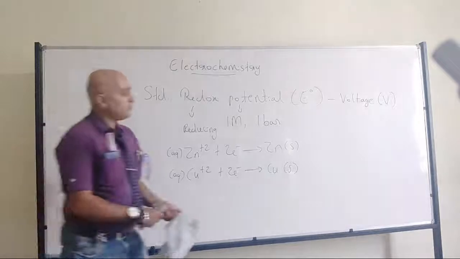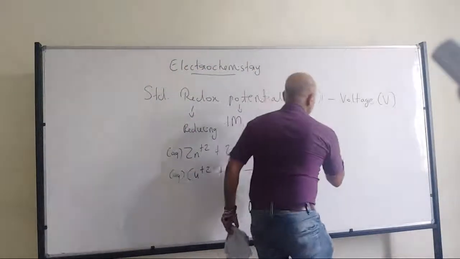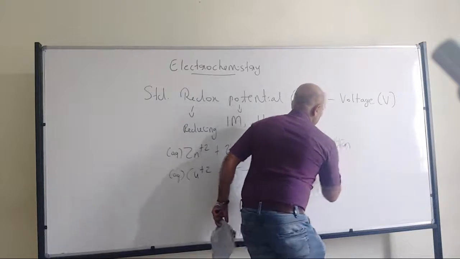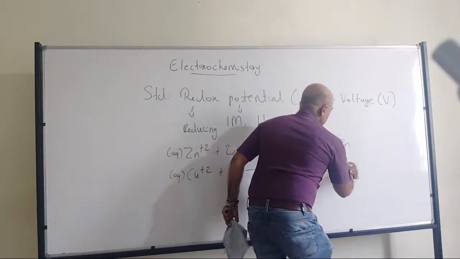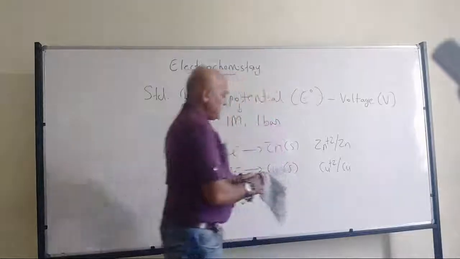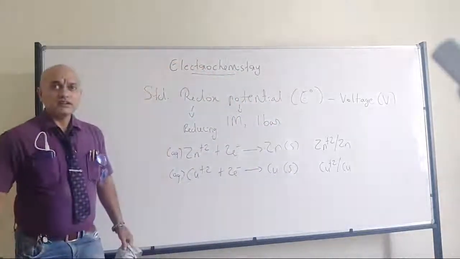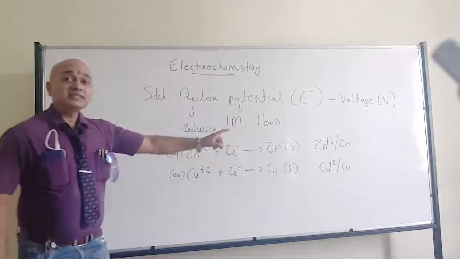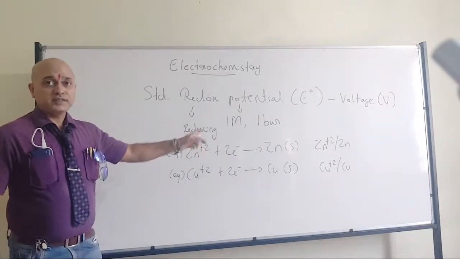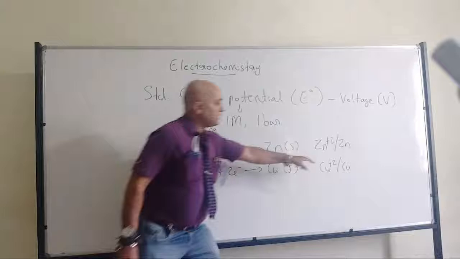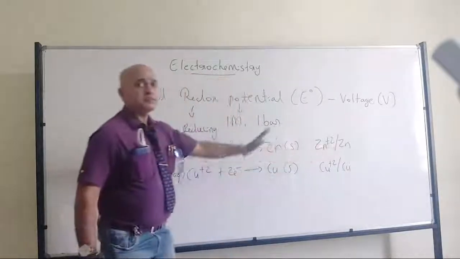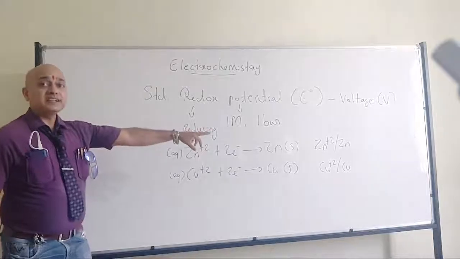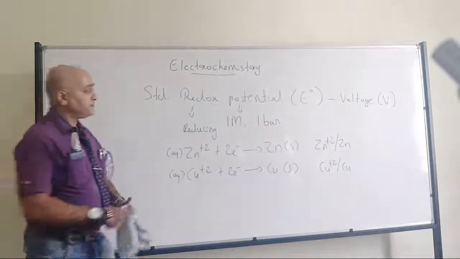So I am dealing with the redox couple zinc 2 plus/zinc, and another redox couple, cupric/copper. When writing a redox couple, the oxidized part should be written first, then comes the neutral or reduced part. That's the representation of the redox couple.